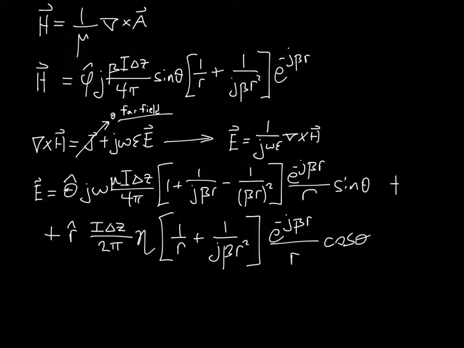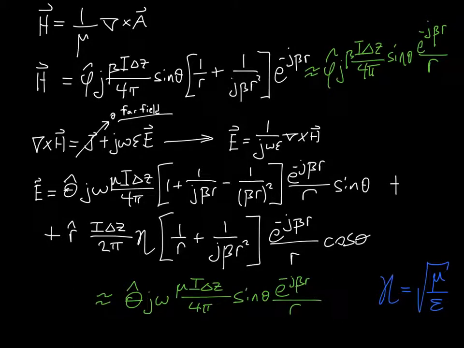That's where we typically consider radiation, though there's also what's called the near field radiation, the Fresnel region, which we'll talk about in a minute. But these are the electric and magnetic fields when we consider distances far away from the source.